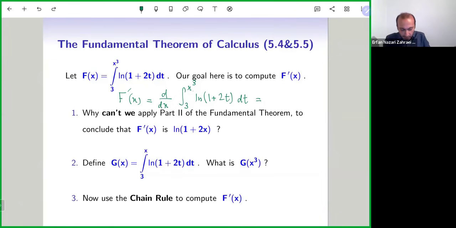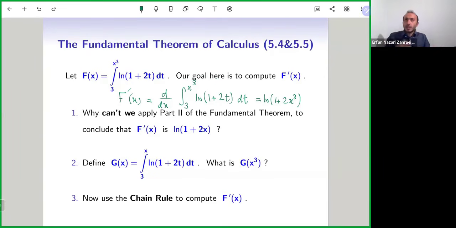Hence, by the fundamental theorem of calculus, first I plug this inside, and then because of the chain rule, I also have the derivative of this coming after. So the answer is to take this and plug it in this. You get ln(1 plus 2x cubed). But I'm not done.